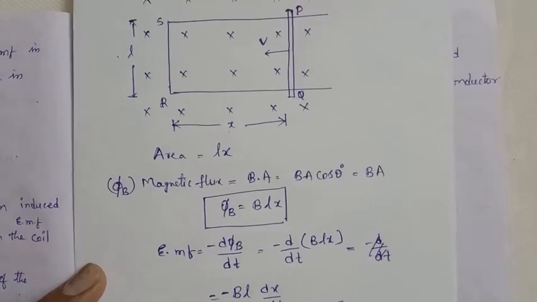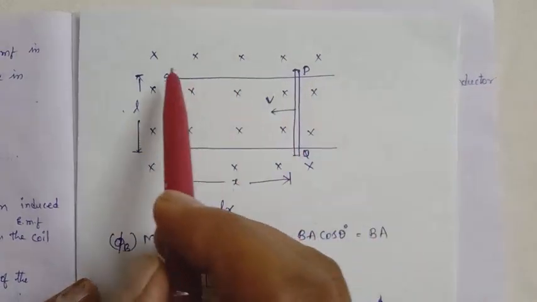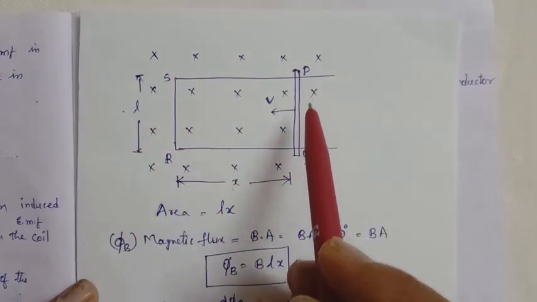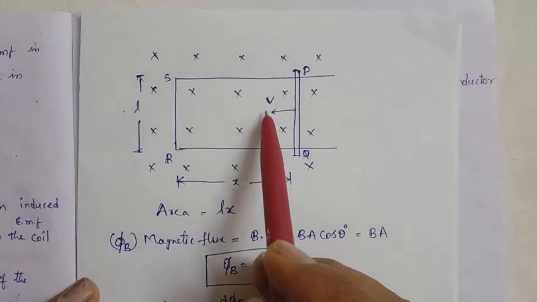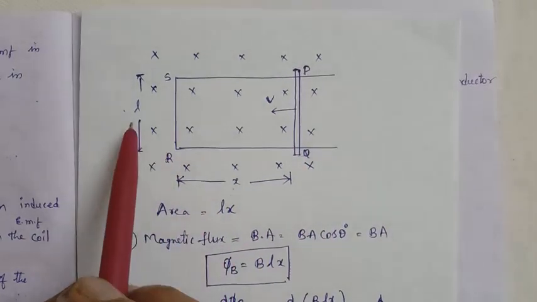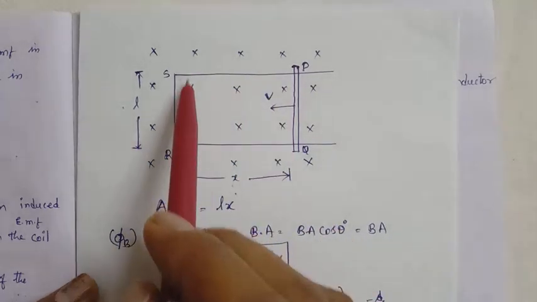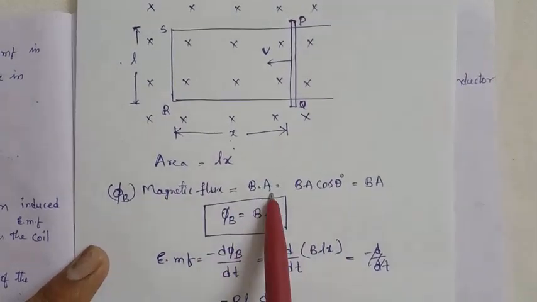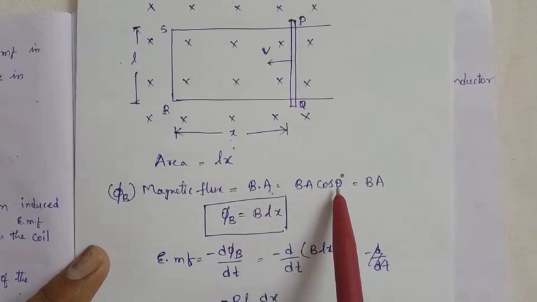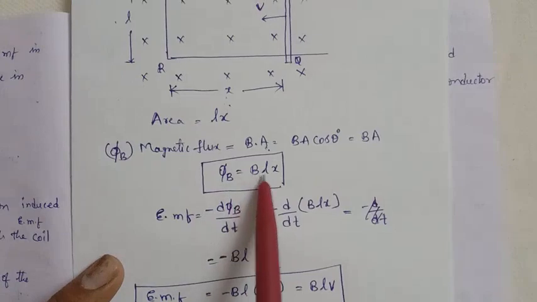It is one method. So what are you doing? In the rectangular loop, a free rod is free to move to the left side with a constant velocity v. At that time the area is equal to Lx. And the magnetic flux passing through this rectangular loop is equal to B dot A. Here B and A are both parallel, that's why theta is equal to 0 degrees. Phi B is equal to BLx.